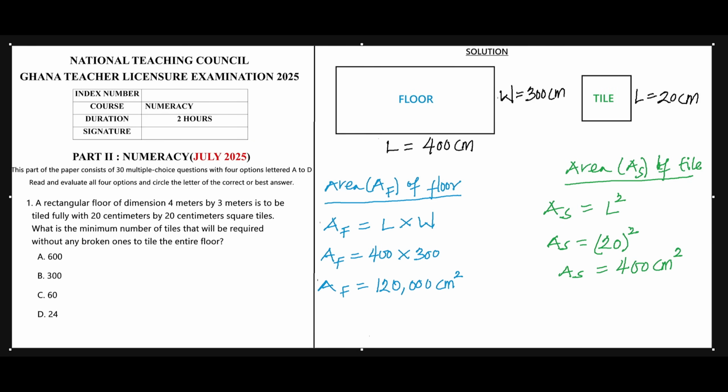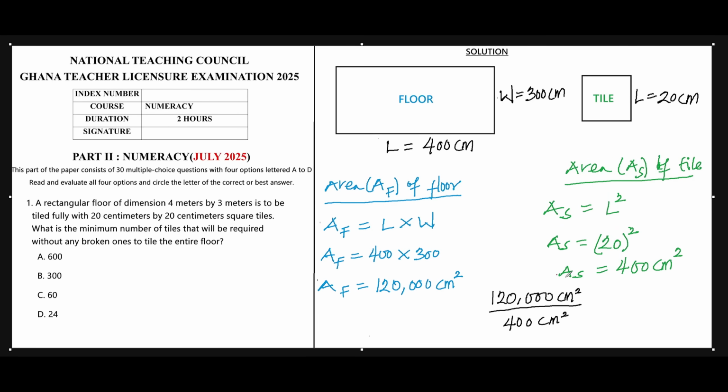Now to our main question. We are looking for the number of tiles that will be needed to tile the entire rectangular floor. So in other words, they are asking us how many 400 centimeters squared are there in 120,000 centimeters squared. So to answer this particular question, we have to divide 120,000 centimeters squared by 400 centimeters squared.